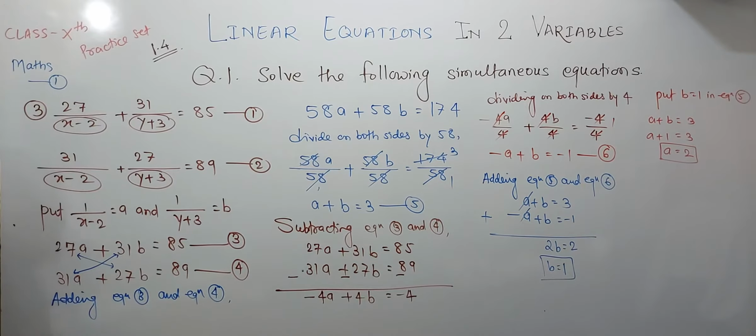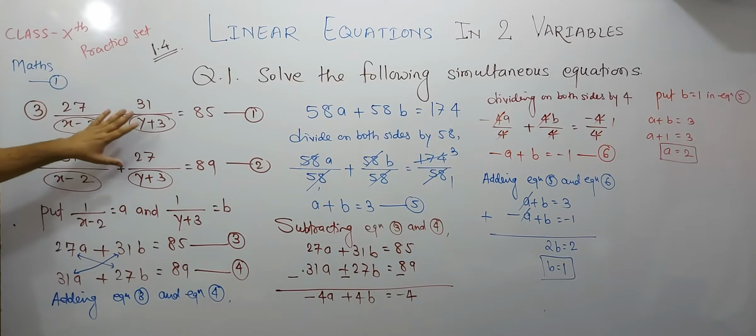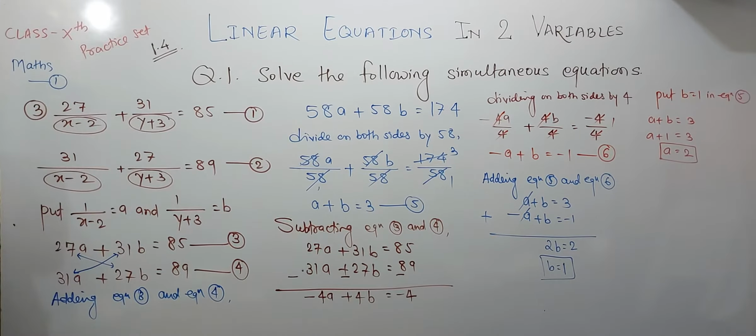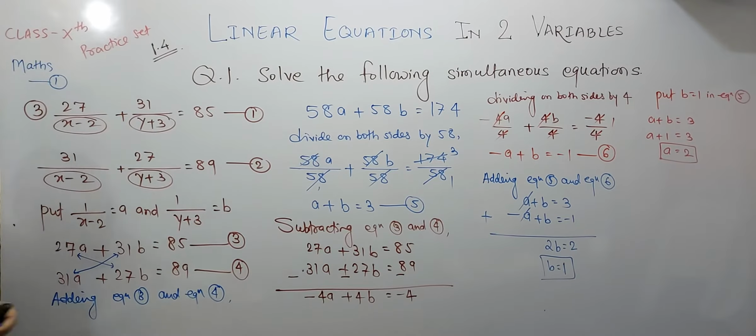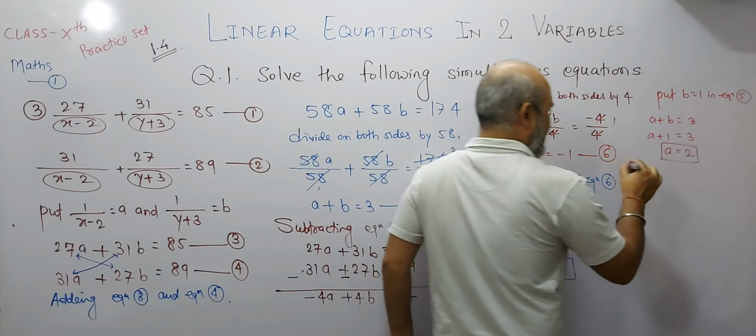But what we have to find out? We have to find out the value of the x variable and y variable, because our equation is in the variables x and y. Okay. So what is a and what is b? We know a is 1 upon x minus 2. So we have to write here resubstituting.